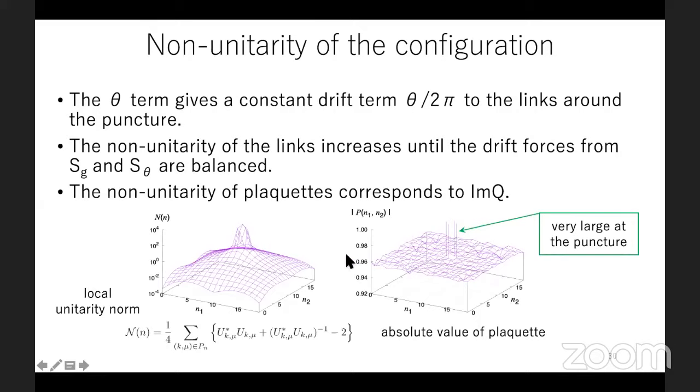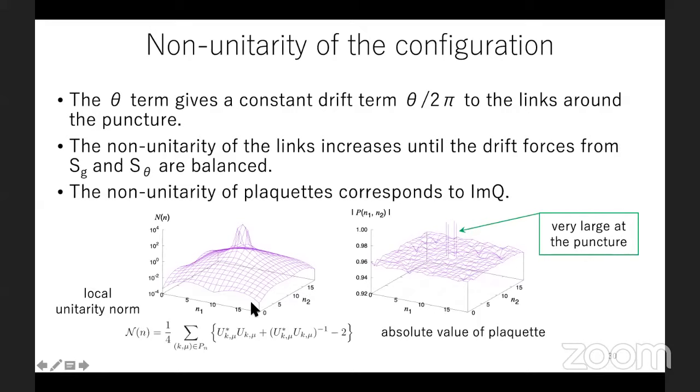So in the numerical sense, the non-unitarity tends to be very large around the puncture. This non-unitarity depends on the size and also the shape of the puncture. I think eliminating only one bracket is the minimal modification and the minimal puncture.